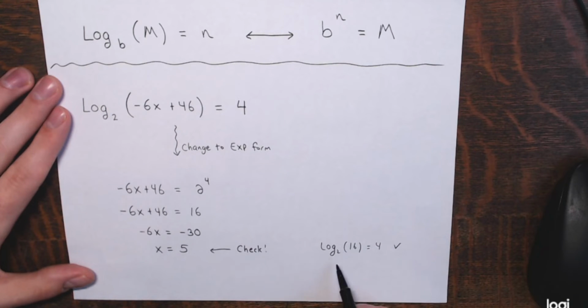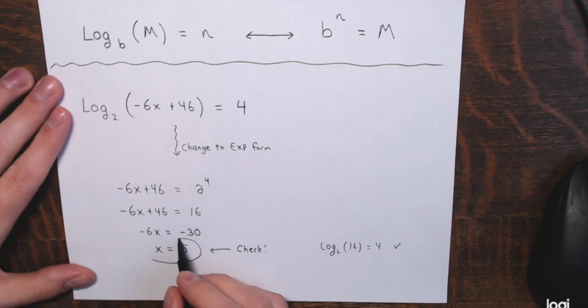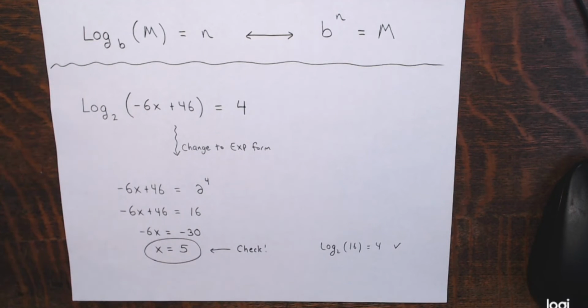Because 2 to the 4th power is 16. Remember, logarithms are exponents. The log base 2 of 16 is just the exponent 4, right, that I would need to raise the base 2 to get 16. So this works. Right, so the solution to this equation is 5. And that's what I'm going to enter back in the assignment.